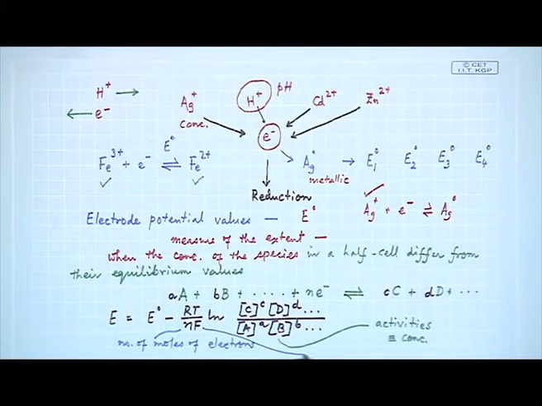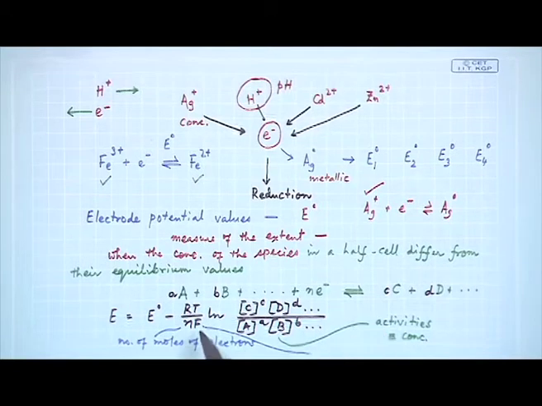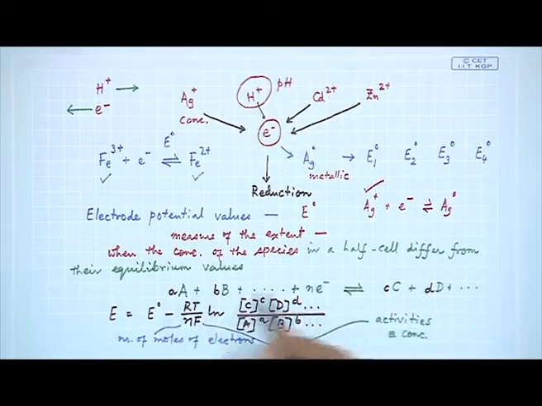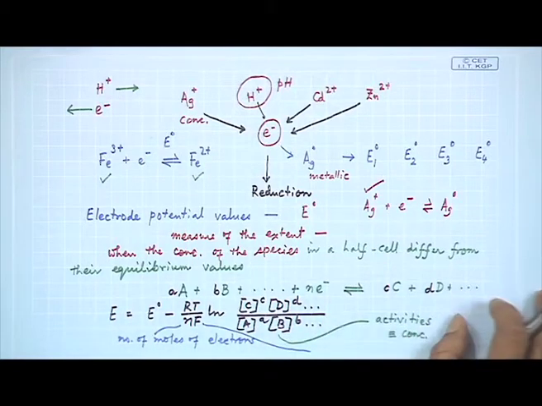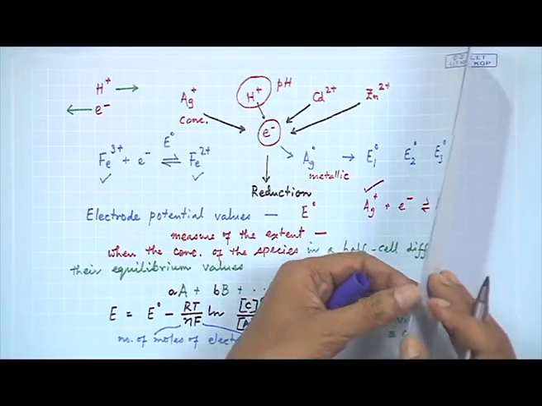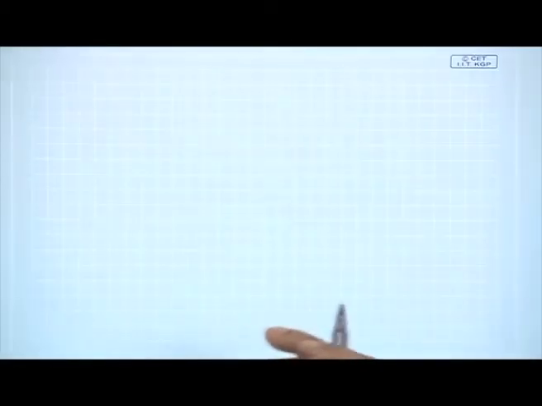So, F is your Faraday, and that Faraday gives you the corresponding charge. If you put this all together, we get a relationship where E is the corresponding electrode potential and E0 is your corresponding standard electrode potential.